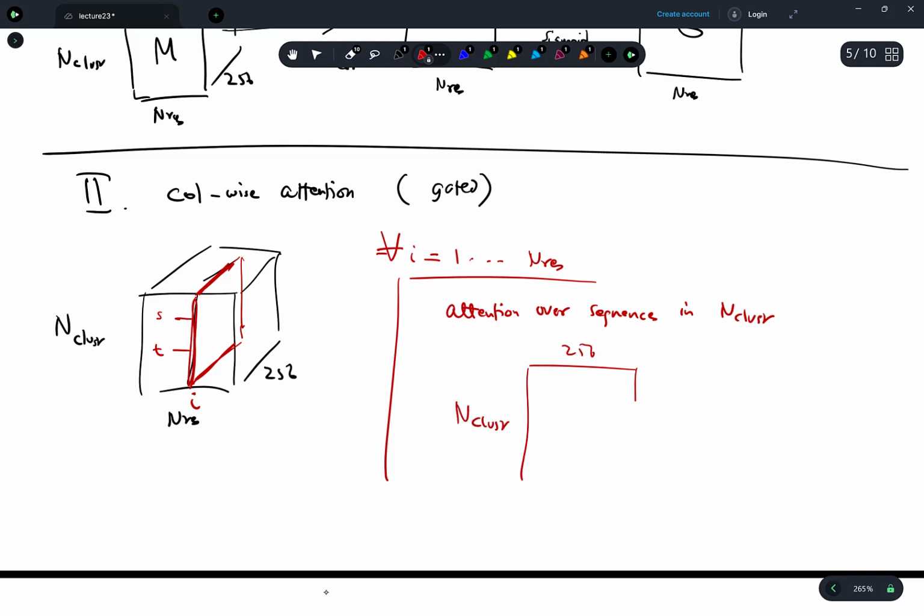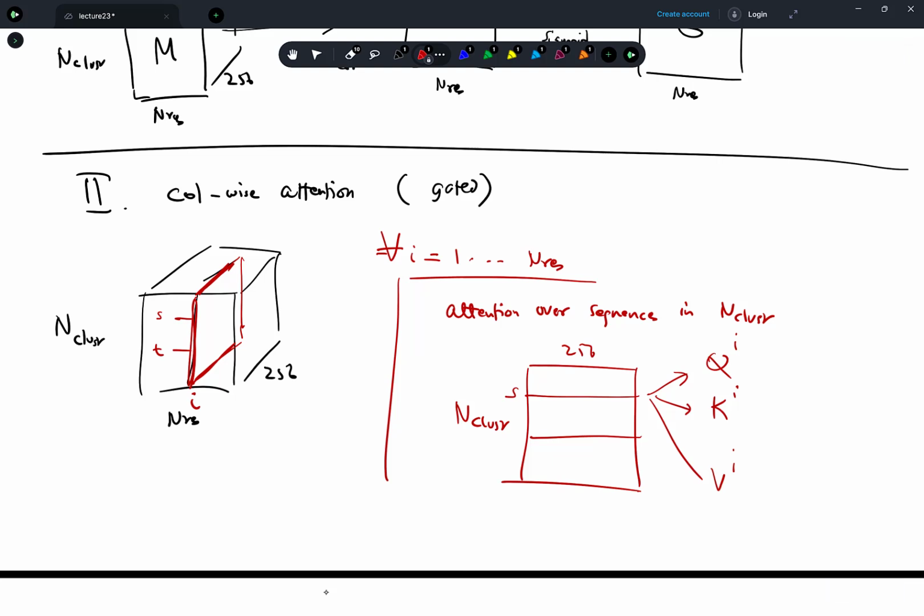For any given S, compute the QS, KS, or I should say, if I think in terms of matrix terms, and value. I'm computing the entire matrix, but if you want to do it pairwise, let's do it pairwise. Like I said, it's always good to go back and do it from a pairwise perspective and then generalize it to the matrix, because then it's easy to think of what we're doing.